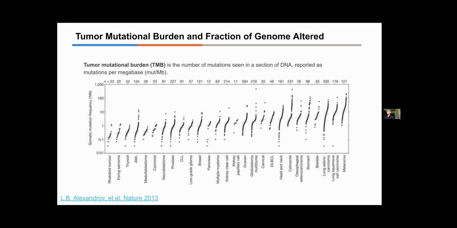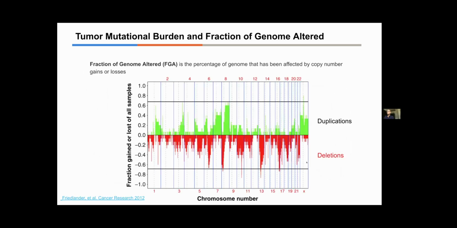So melanoma has a much higher number of mutations than, say, prostate cancer here. And then also the fraction of genome altered is the percentage of the genome that's been affected by copy number gains and losses. So earlier in the talk, I talked about duplications and deletions here. So this is a result of what happens there, and it's measured by FGA.